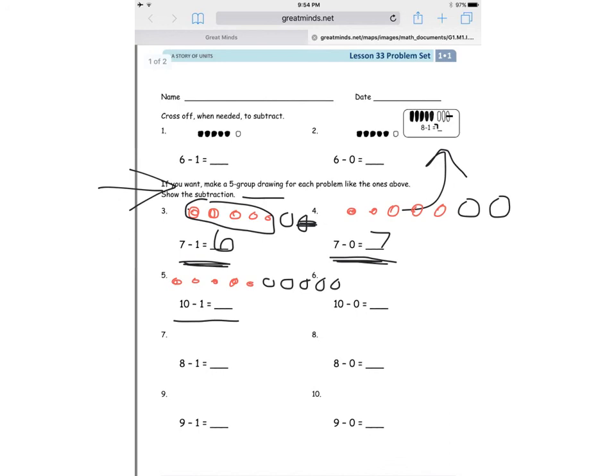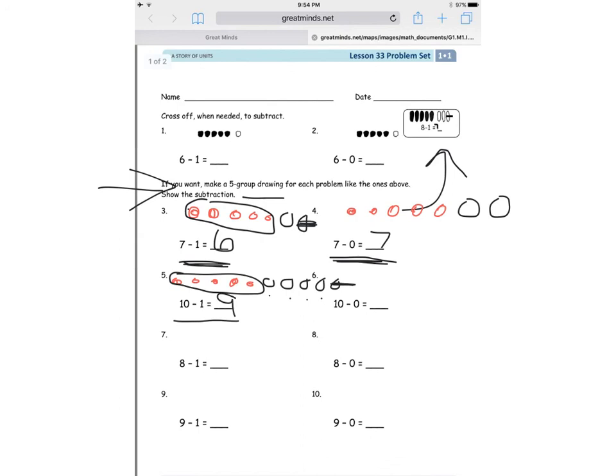And then I'm going to take away one of those beads. So I'm going to cross out this one. So to think about how many I have left, yes, I could count back 1 from 10. But I could also think about, well, I have a group of 5 here, and I could count on from there. 6, 7, 8, 9. So I have 9 left.